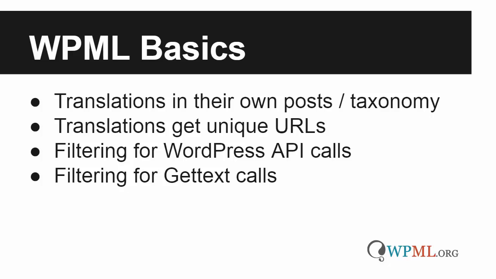And WPML filters the WordPress API calls, especially those used in themes, the templating API, so that you get the correct products. We'll go through that in just a second. And WPML also filters gettext calls, so you can provide translations for code wrapped in gettext calls through WPML's interface. No need to use MO and PO files.